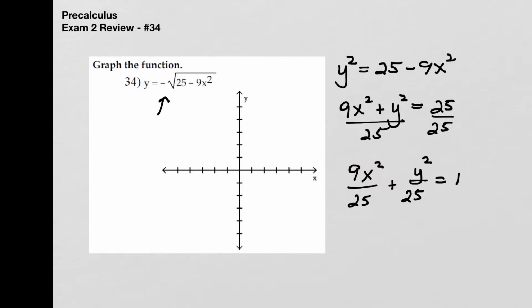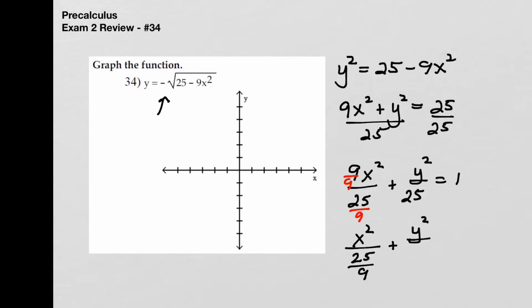So what I'll do is I'll divide both the top and bottom of this fraction by 9. So that way in the numerator I just have a 1x squared now. And in the denominator I have the fraction 25 over 9.